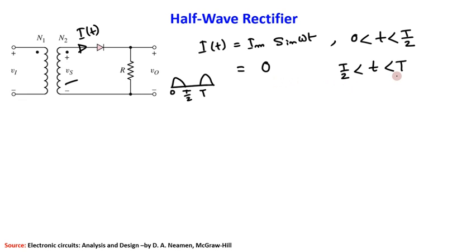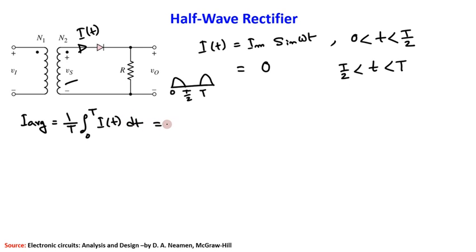Now if this is so, and if I ask you to find the average current in this rectified output, then how can you find it? So in general, the average current is expressed in this way: 1 by T integration 0 to T I of t dt.